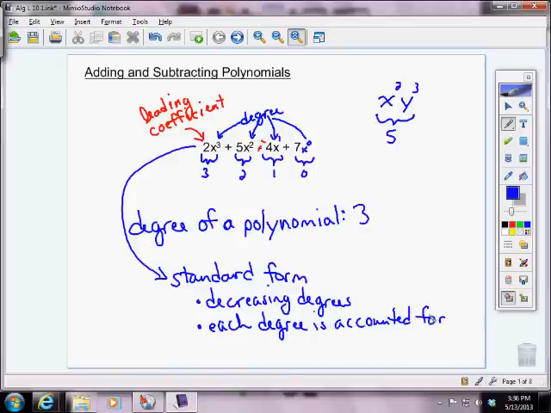I'll explain what that means in a second. Actually, I'm going to put a little star by this one. We don't necessarily write each degree, but you're going to need to for other parts, so we'll come back to that. But basically standard form is decreasing degrees.